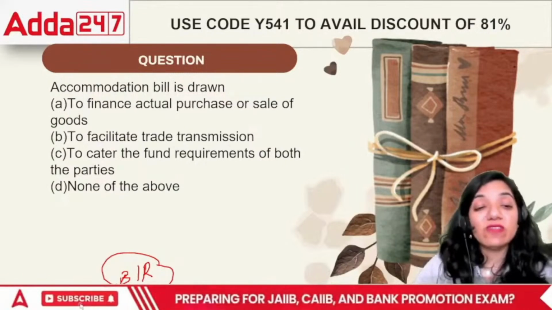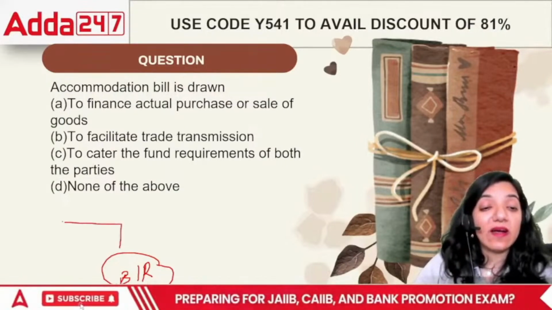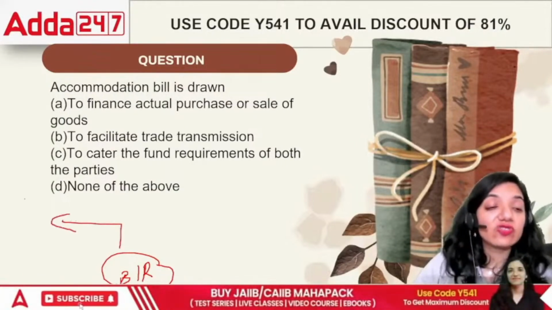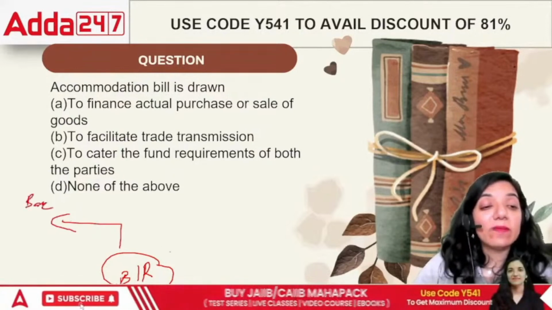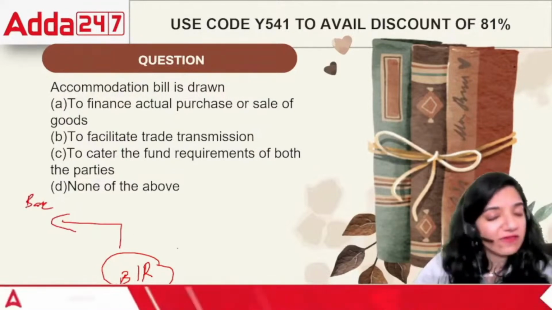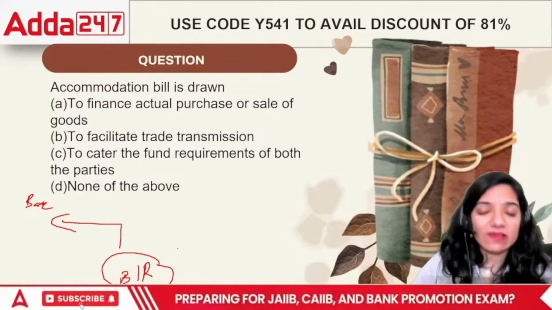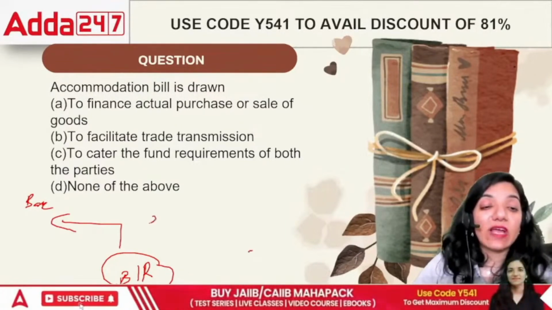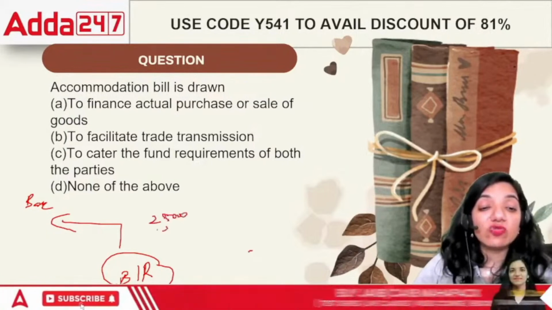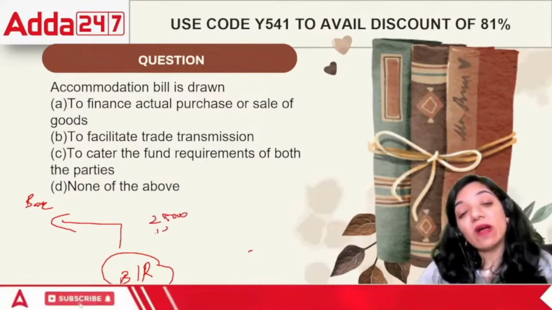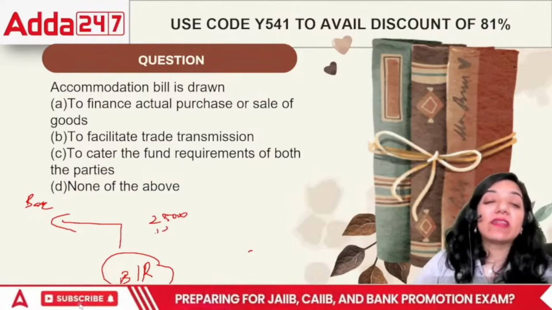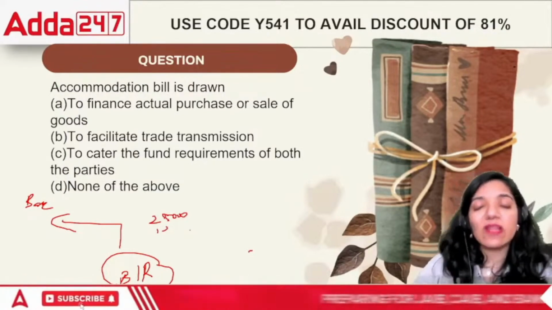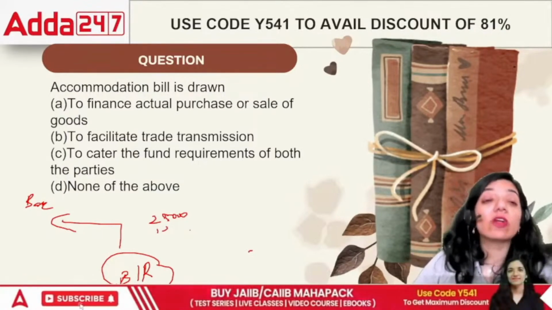So what we do is we sell this BR or bill of exchange to the bank. Now the bank will give us a little less. If the value of that particular bill is 3 lakh, then they will be giving us maybe 2 lakh 95,000. So this 2 lakh 95 would be divided among the two people, the person who issued the bill and the person who got the bill.